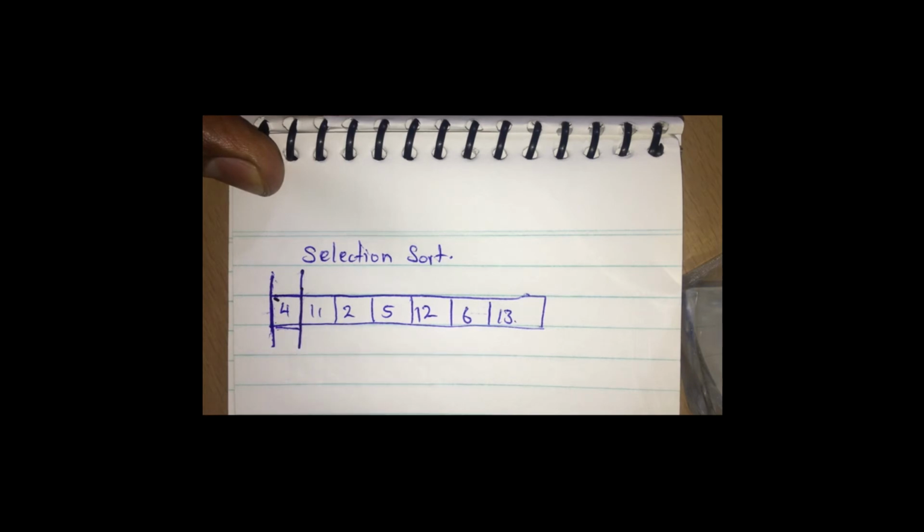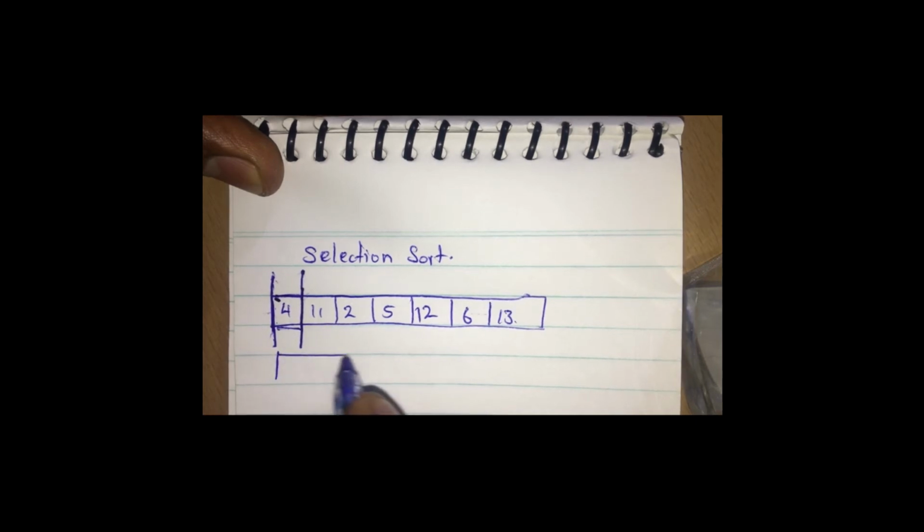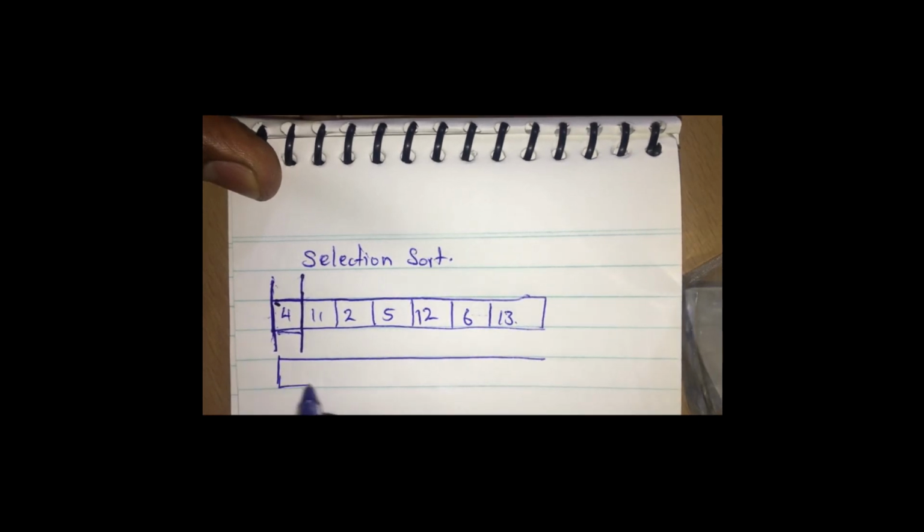I hope you have seen the difference now. When you move one step, look for the least element, swap. That's it. So what shall we have here?